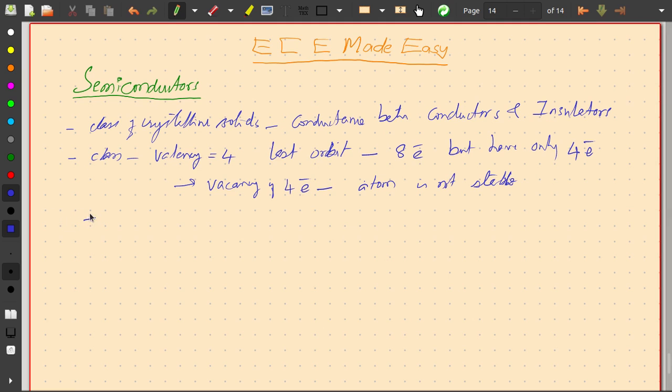So one way these atoms become stable is by forming a crystalline structure.